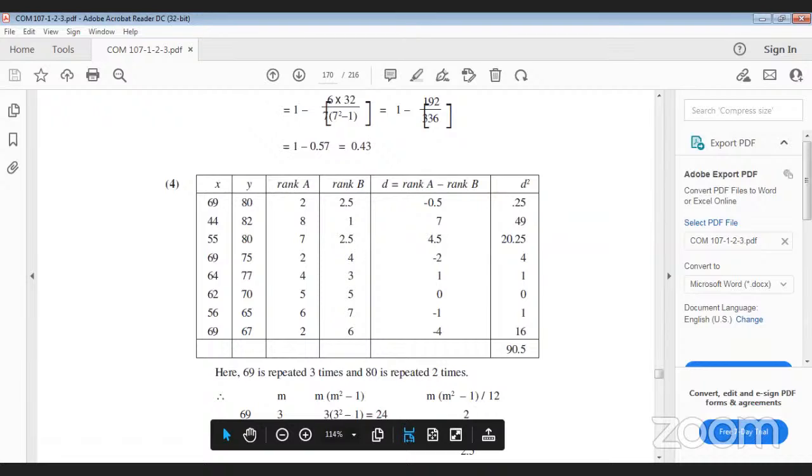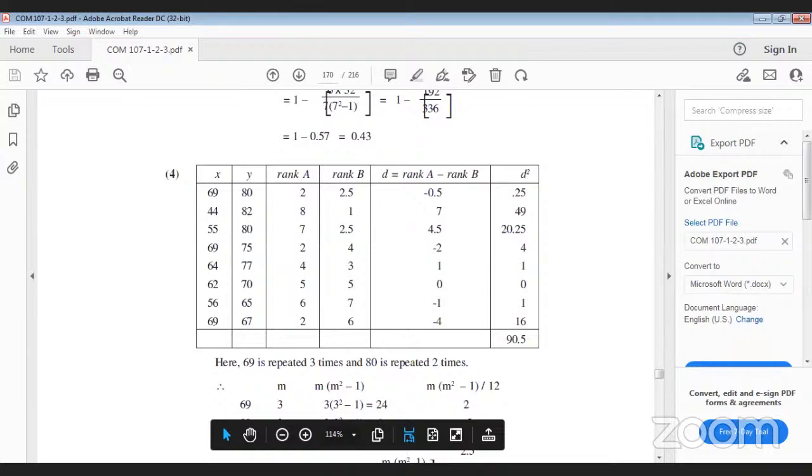Here 69 has repeated rank 3 times, and 80 is also repeated 2 times here. The formula is m into bracket m square minus 1 upon 12.